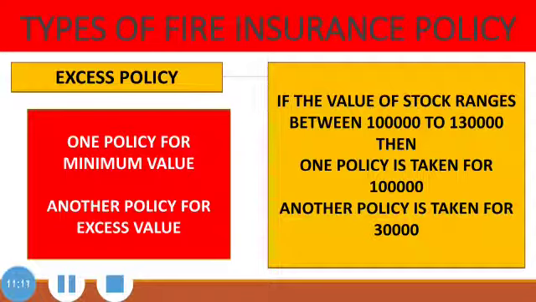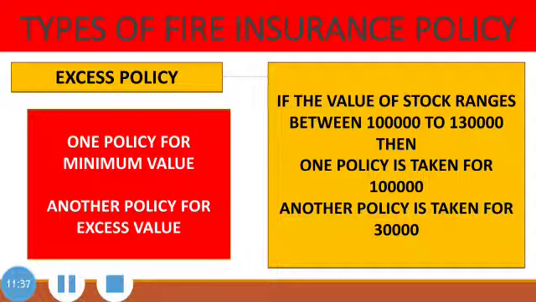Now I'll give you one example. If the value of stock ranges between 1 lakh to 1,30,000 and a businessman is having some stock and its value is in between 1 lakh to 1,30,000, then for that businessman it is advisable to take two policies.